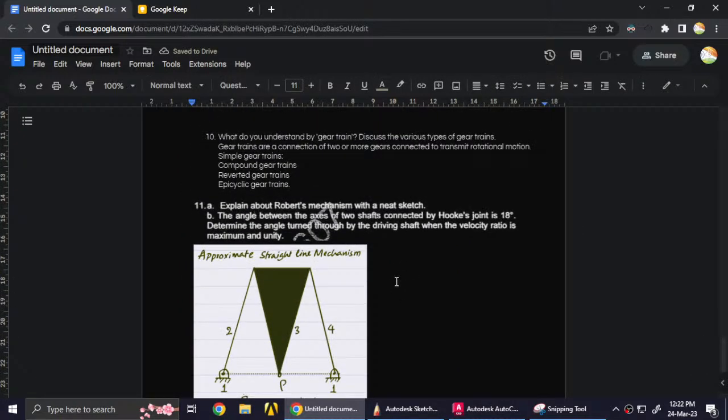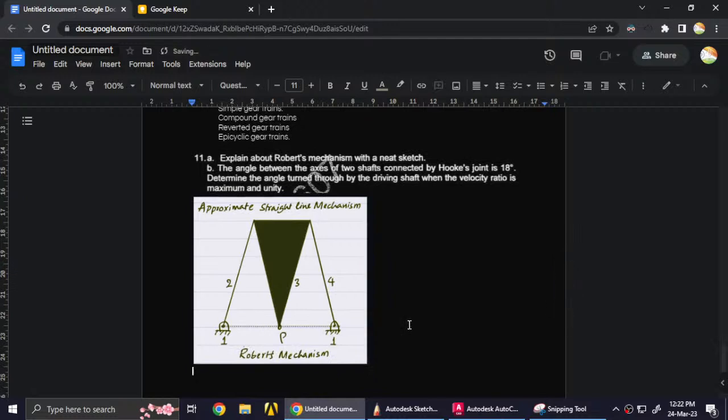Explain about it. What is there to be explained? The coupler is of triangular shape as shown in the diagram.